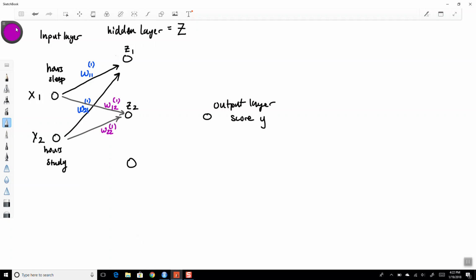Okay, and then you would have a third set of weights coming down here, and we would have weight 1, 3 and weight 2, 3 in our first set of nodes. Okay, this being Z3.